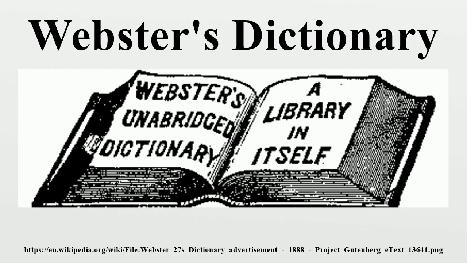Webster's New International Dictionary. In 1934, the New International Dictionary was revised and expanded for a second edition, which is popularly known as Webster's Second or W2, although it was not published under that title. It was edited by William Allen Neilson and Thomas A. Knott. It contained 3,350 pages and sold for $39.50.